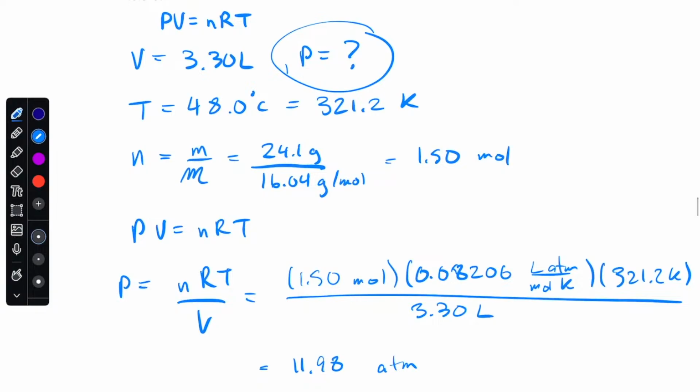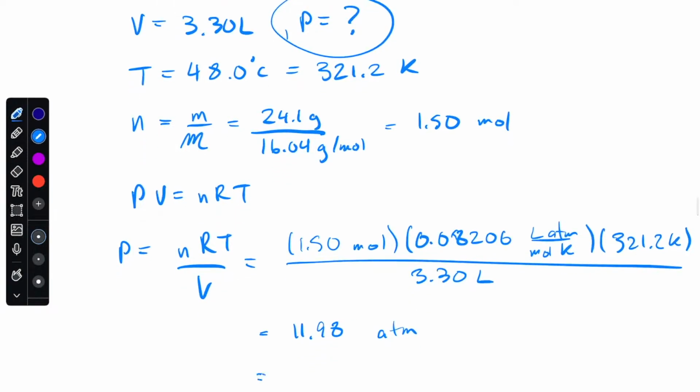If you look at all the numbers we're given, we have 3 sig figs for everything, so let's round that to 12.0 atmospheres.